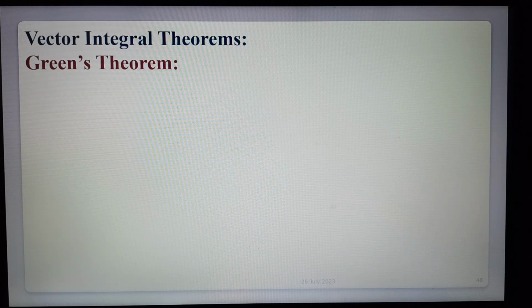First of all, see the statement of Green's theorem and problems on Green's theorem.